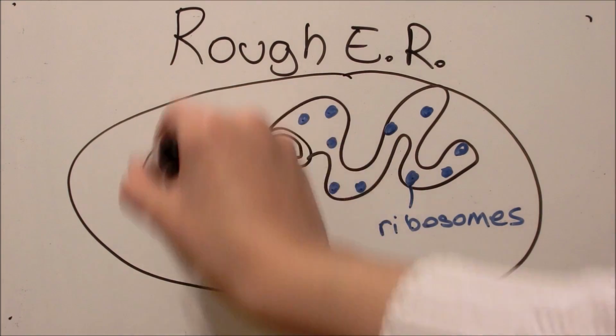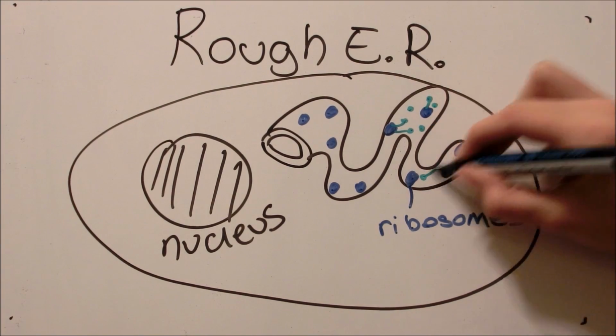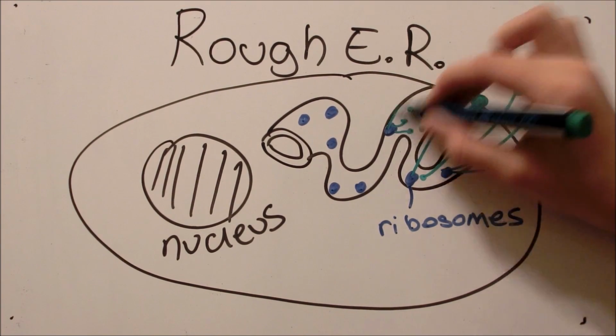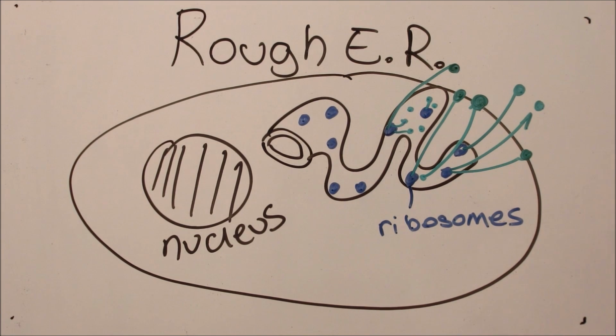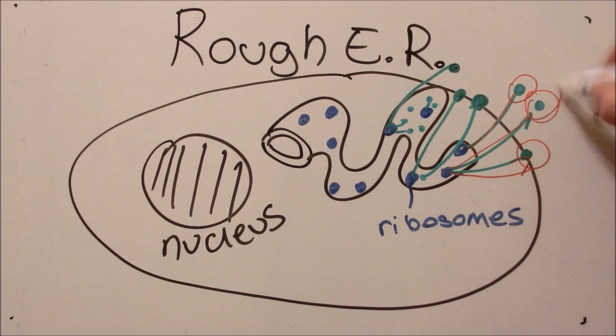Those proteins always end up in the cell's membrane or outside the cell, and when they end up outside the cell, they go to the parts of the body which need those proteins, like the bloodstream or wherever they're needed, basically.